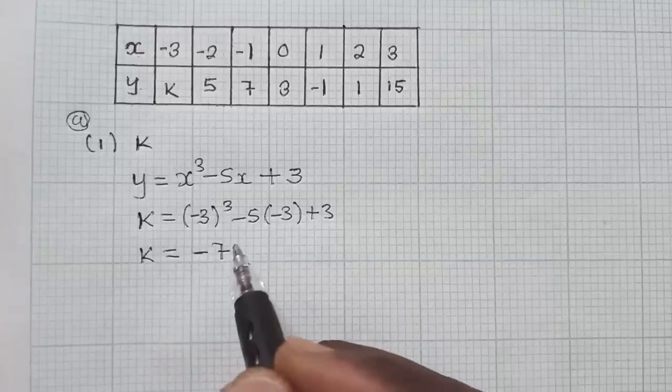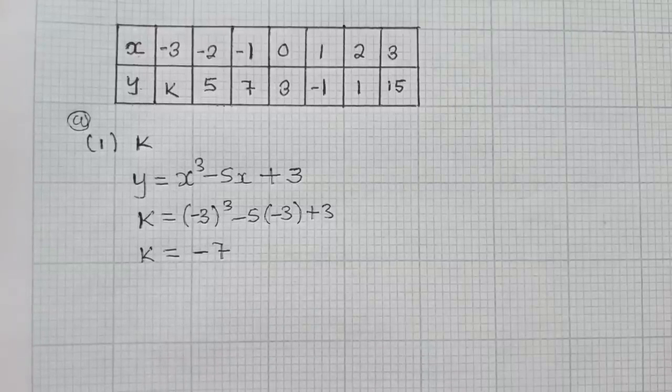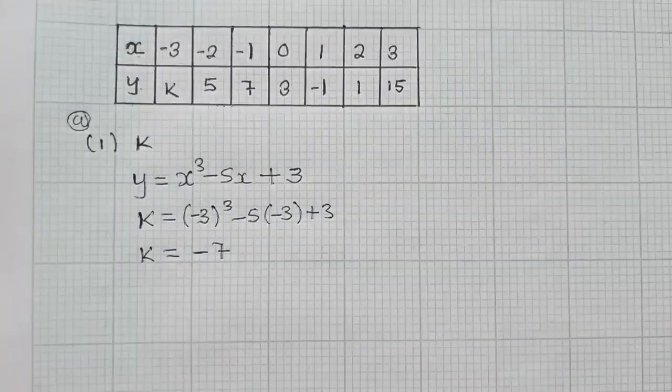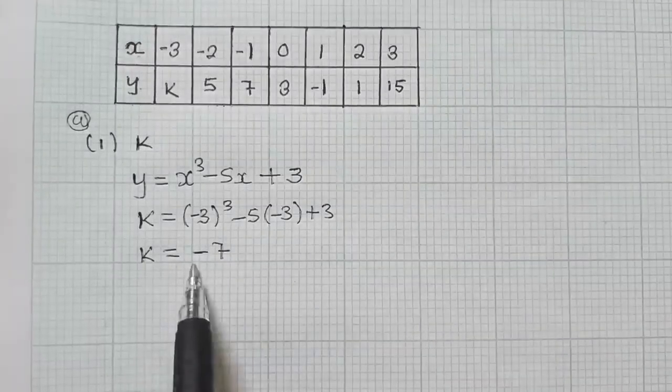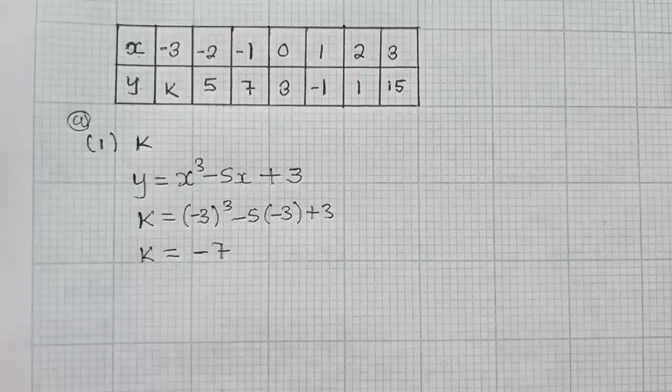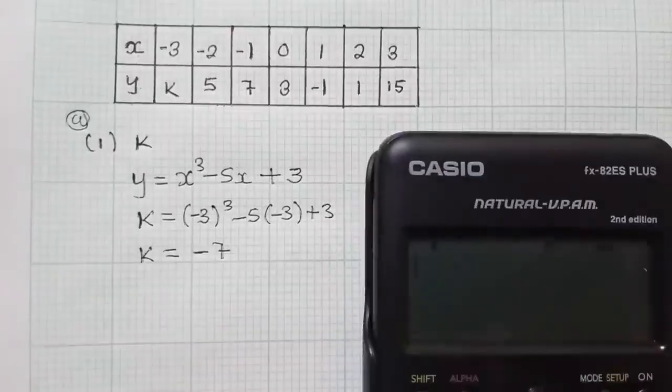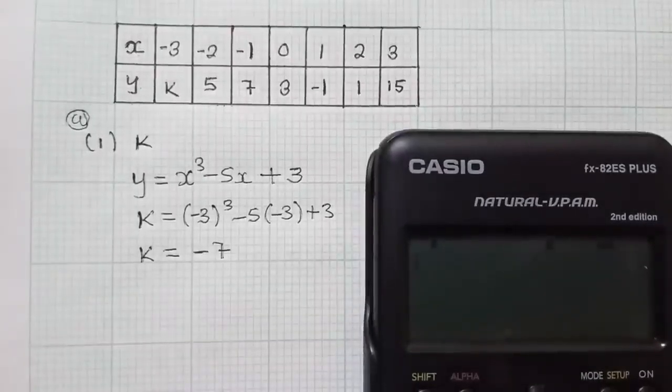You just calculate, you can punch on your calculator. When you punch on a calculator, you definitely get -7. Okay, let me try to confirm if what I'm getting is true. We have -3.